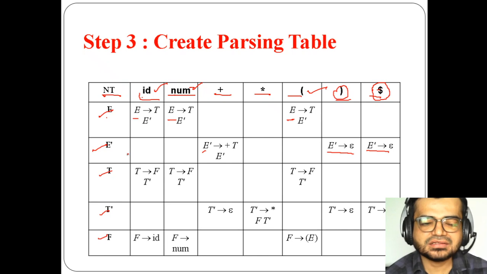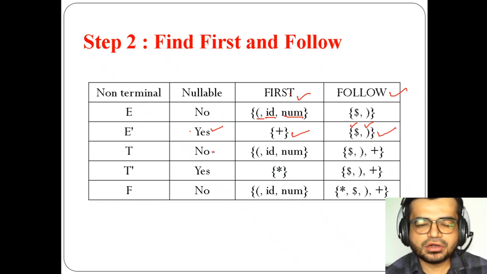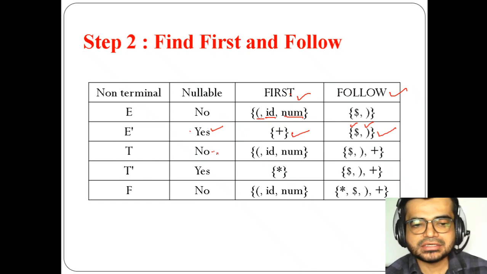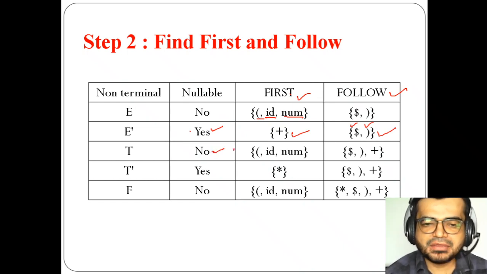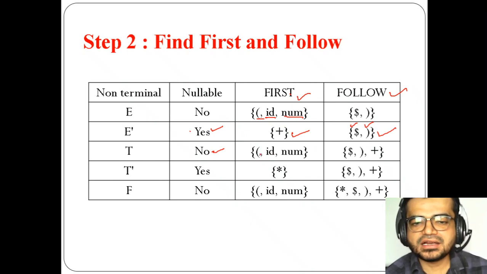Next is the symbol T. If you go with the non-terminal T, it is not nullable. That means you shouldn't consider follow, you just need to consider first. In first there are three tokens: opening bracket, ID and number.